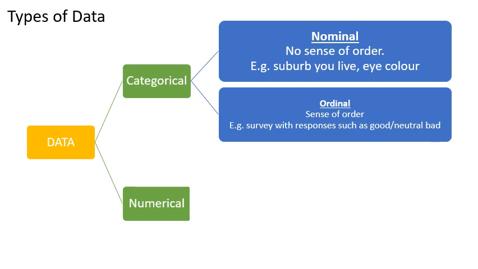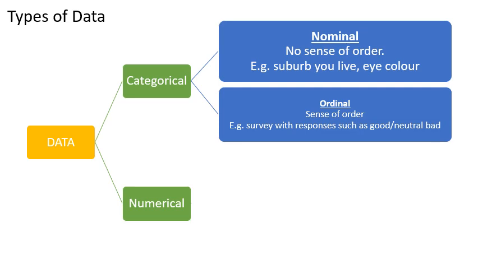Now, there is some kind of order that I can assign to that, from best to worst. And so, because I can put the responses into some form of order, this type of data is called ordinal. So it's still not numbers, and it's still categorical, but I can order it in some particular way.